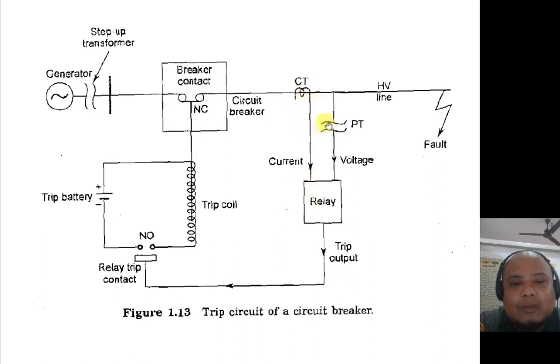The CT primary is in series, and the secondary supplies the current to the relay. The PT is connected across the line. So the CT supplies the transformed current to the relay, and the PT supplies the transformed voltage to the relay. If the incoming current and voltage are greater than the pickup value of the relay, the relay will send a trip command in the form of an electrical signal.